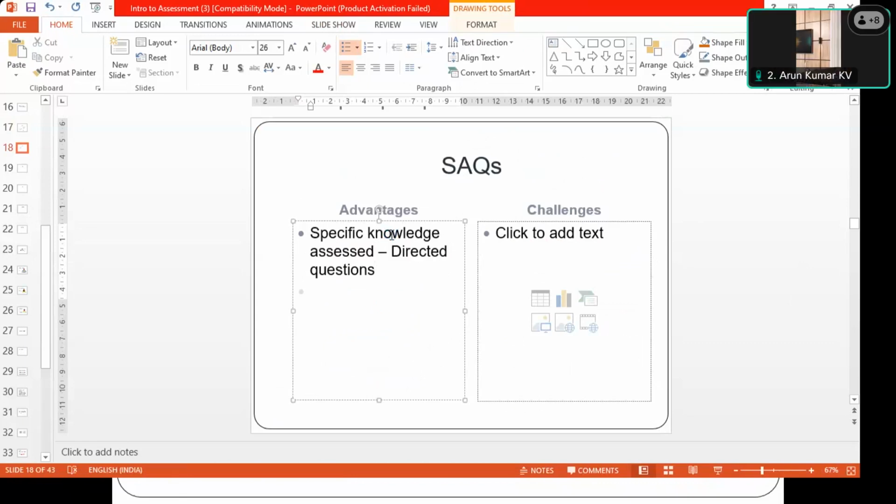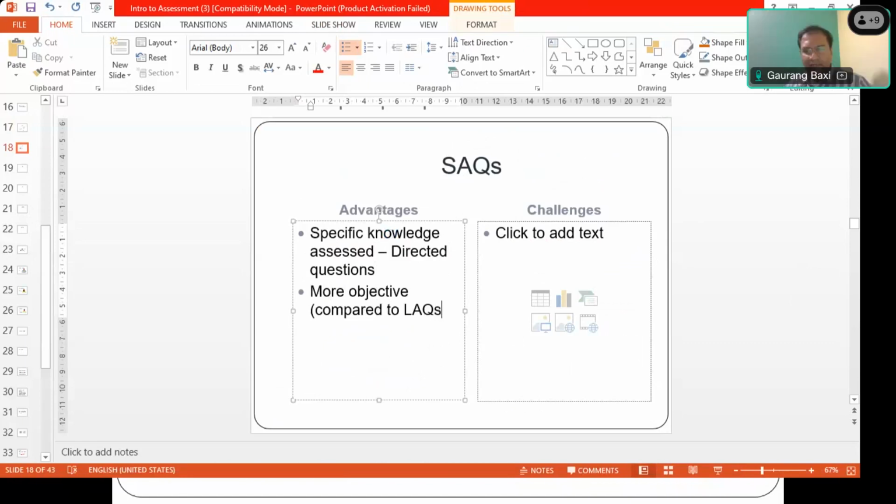It's more objective, sir. Are SAQs objective? Short answer questions are more objective because you are looking for specific sentences or words rather than looking for the content in that. Compared to LAQs, they are more objective, but still subjective with reference to MCQs. Sir, they are one of the quicker forms compared to LAQs.